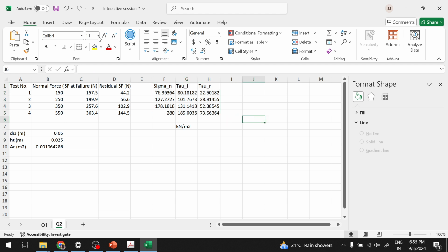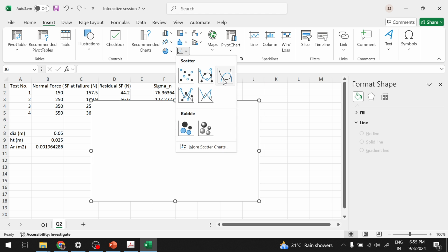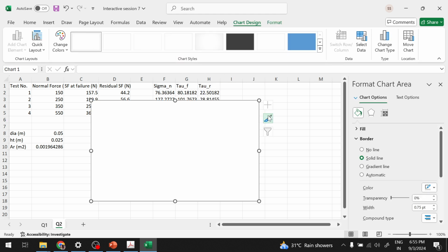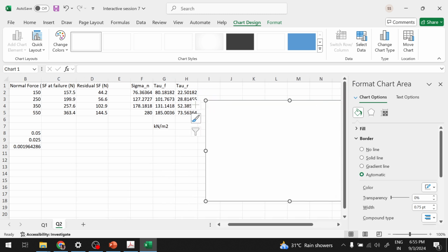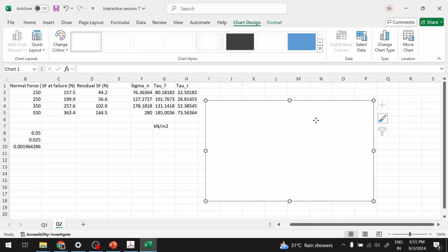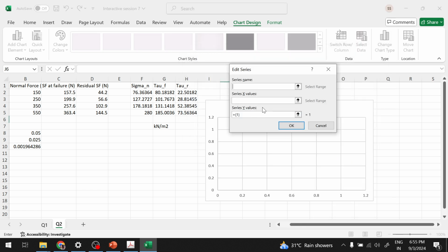Now let's plot them. Let's call this shear at failure plane.